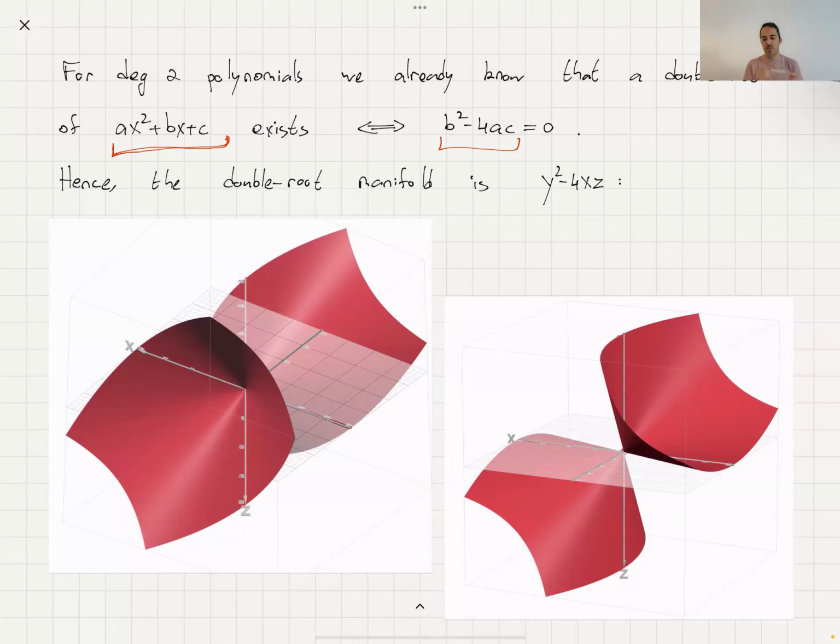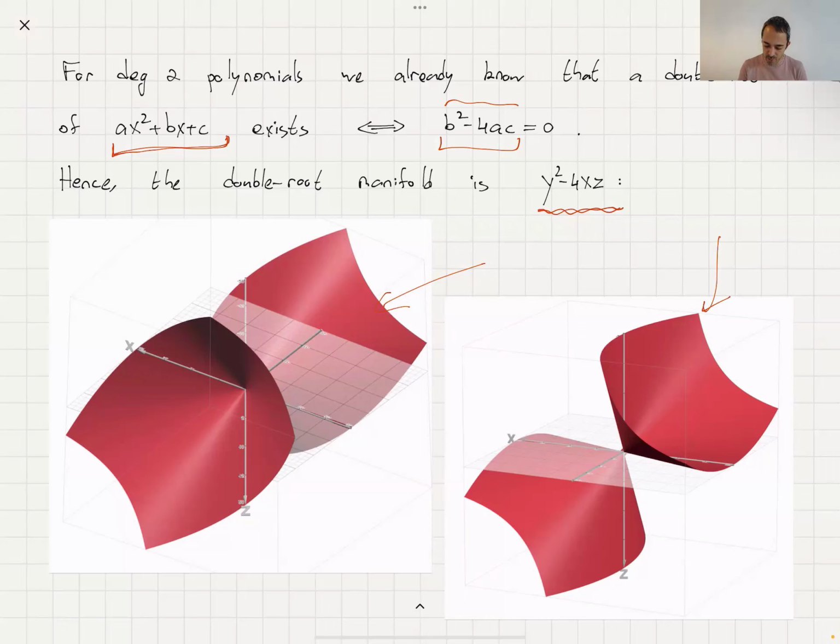So if you start with a polynomial like a point ABC, whose discriminant b squared minus 4ac is positive, and you end up with a negative value, then it must have crossed a zero value, right? And so the double root manifold in our case is just this, or that if you want to stay with ABC, but if you want to go to XYZ, then it's this manifold, and it's depicted here in this picture from different angles.